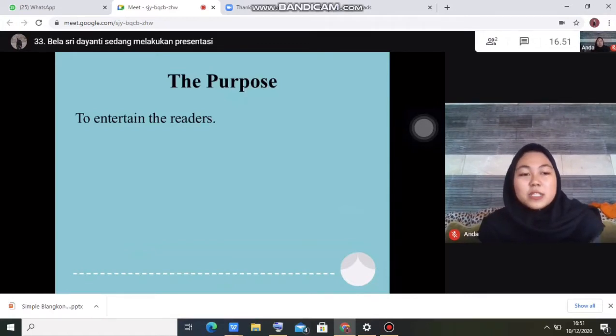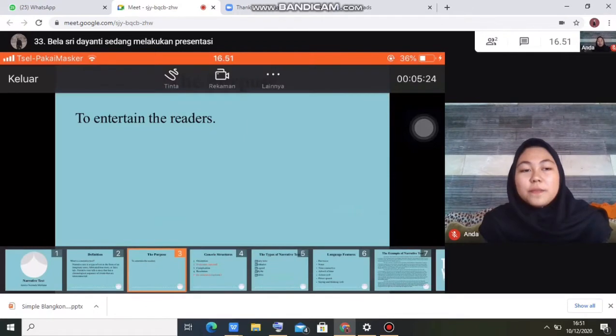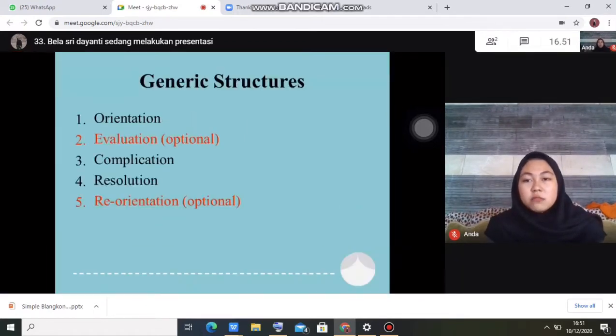Okay, the next is the purpose of narrative text. The purpose of narrative text is to entertain the reader. Any question? No. Okay. The next is generic structures.